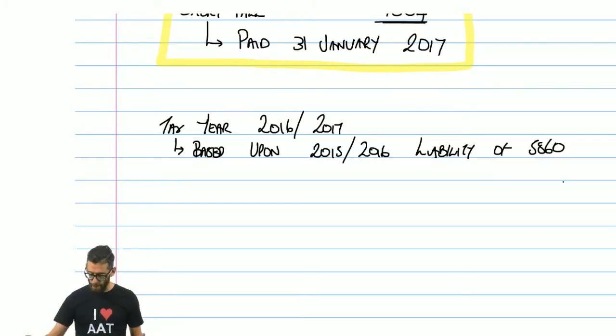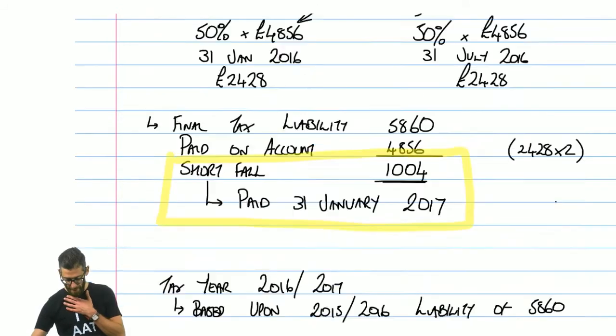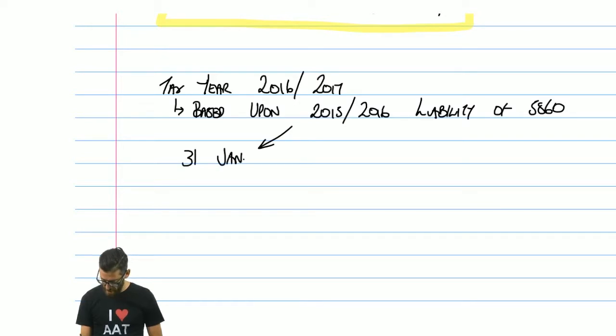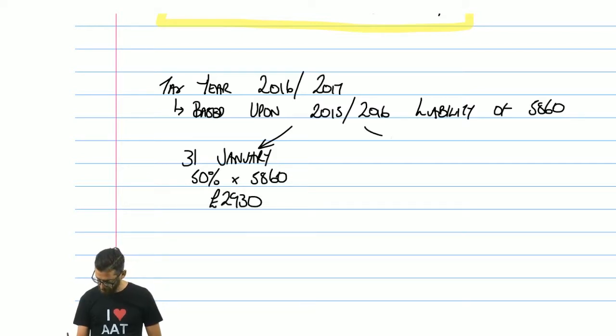And so our payments on account will be the 31st of January, our first payment. We are going to pay 50% of that 5860, which gives us 2930.